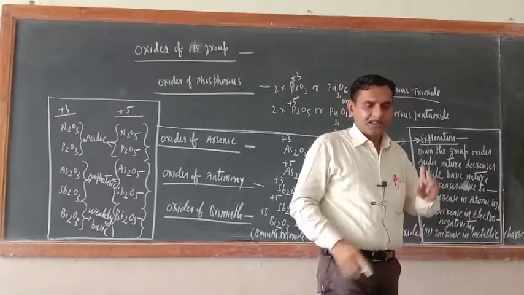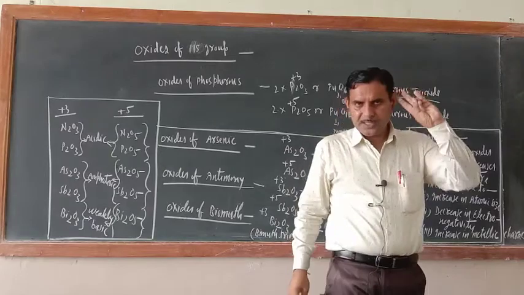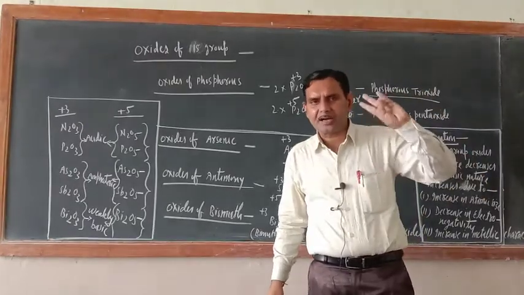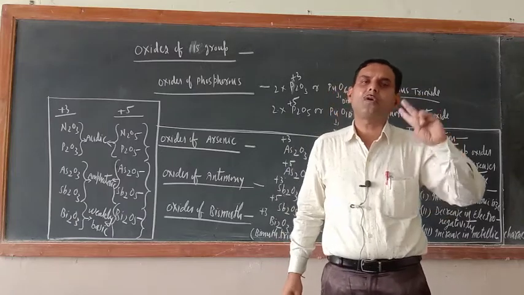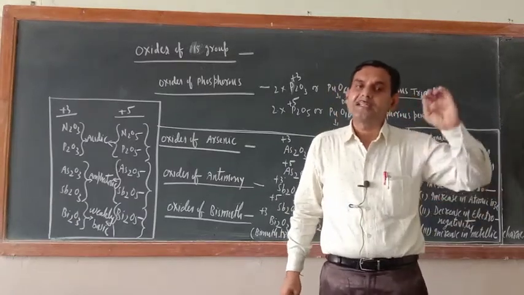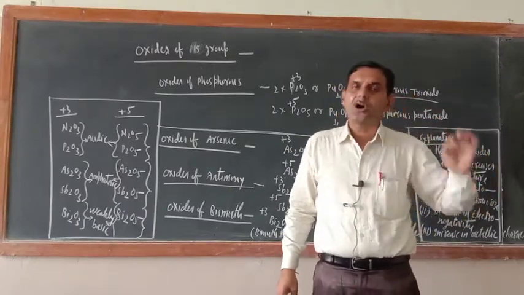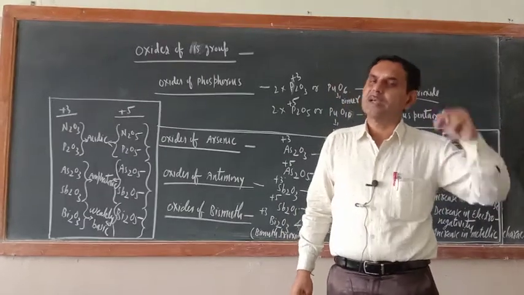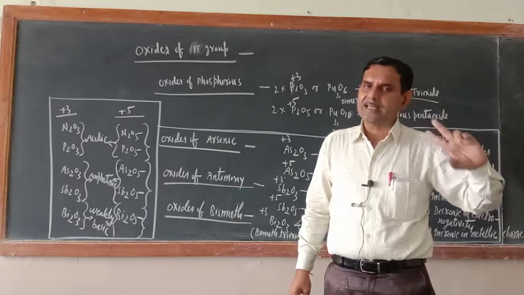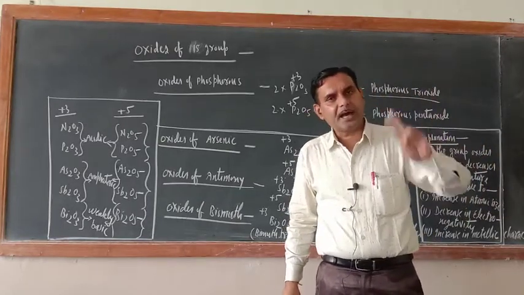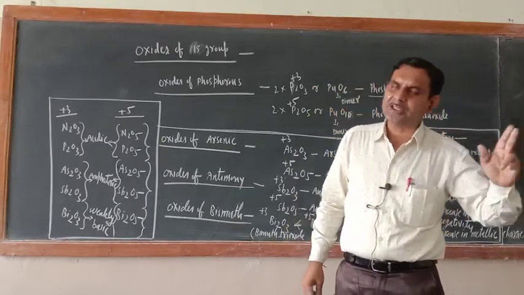Understood or not? Just try to understand. The acidic and basic nature of any compound is determined on the basis of the oxidation state of the central atom. In a nutshell, already I told you that metallic oxides are basic in nature and non-metallic oxides are acidic in nature.